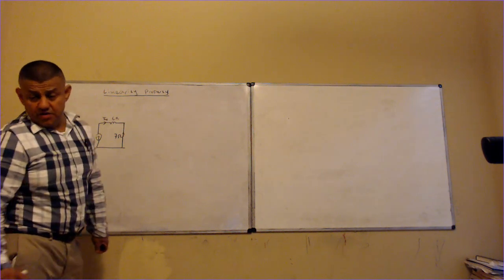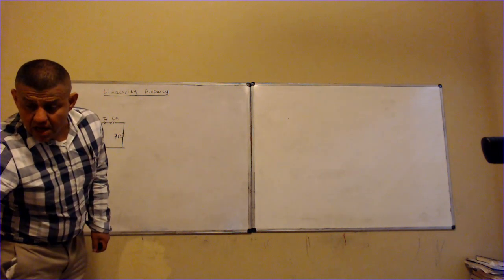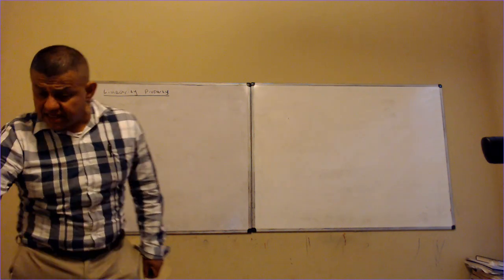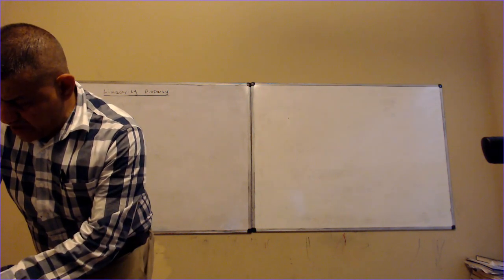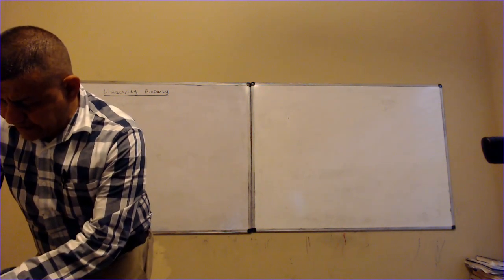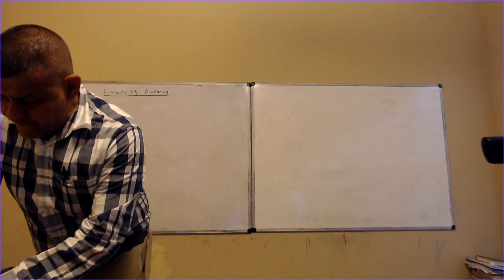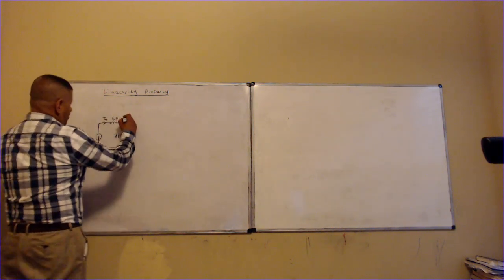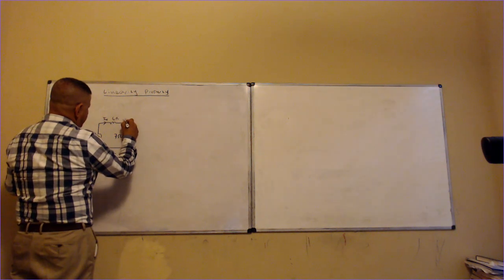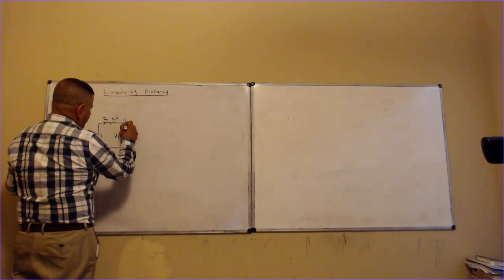Now right here, we have what is called V2. It's divided by nodes, node 1, node 2, whatever. But in this case, we have V2 at this node.